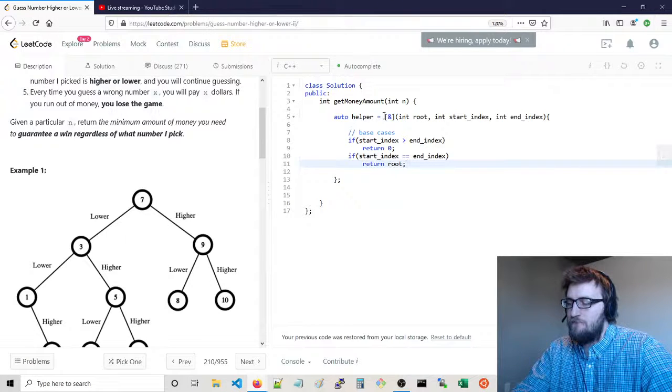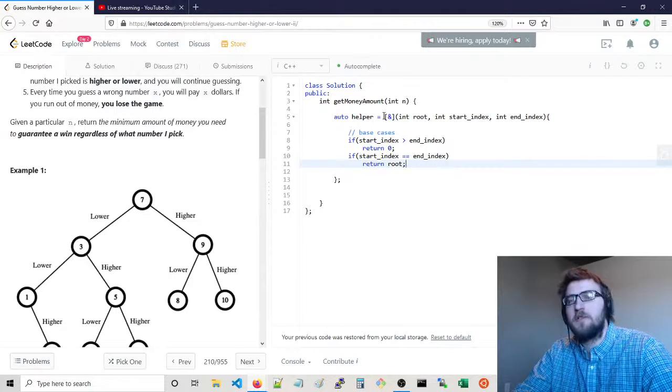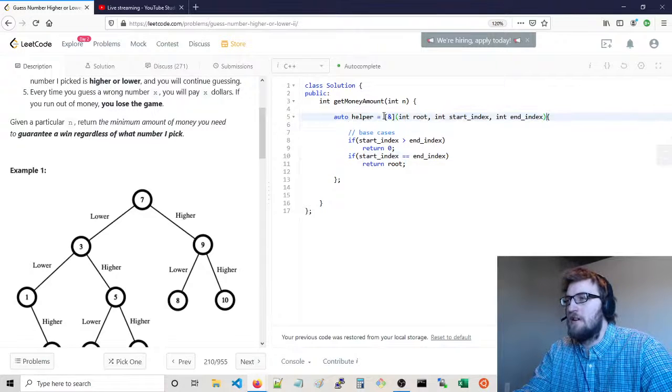However, what's interesting about this is there's some recursion here, in that in order to figure that out, if you already knew the left side and the right side, right, it's just the start index and the end index.